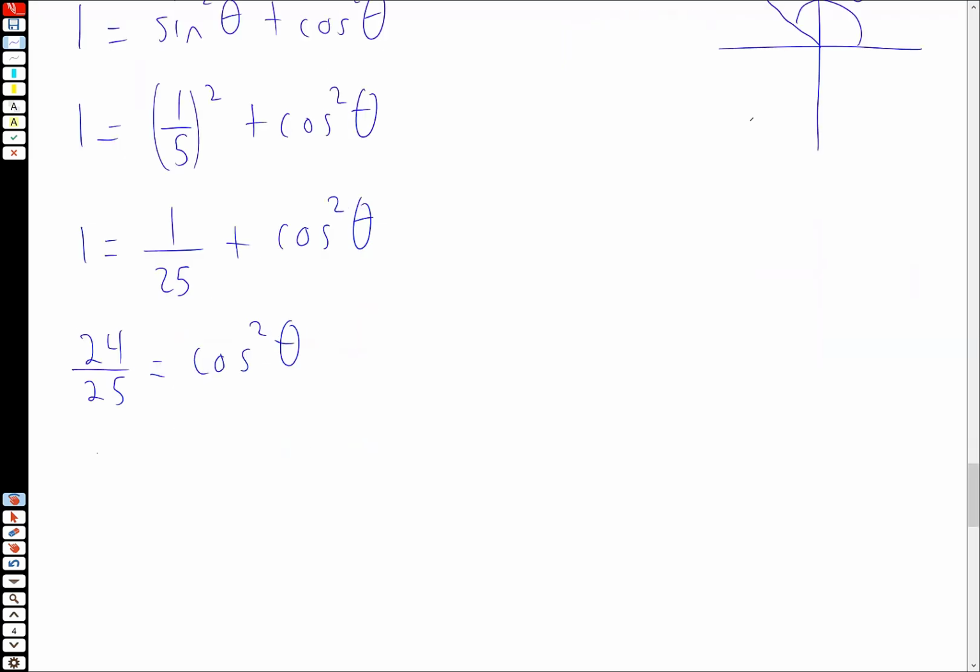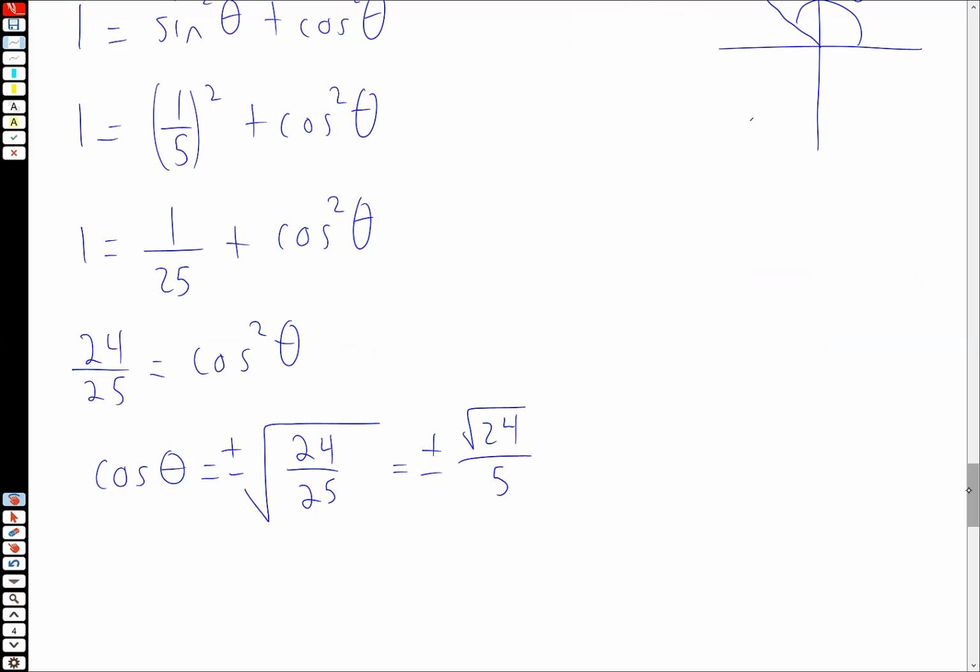And then take the square root of both sides. And remember, don't forget your plus or minus. It's plus or minus the square root of 24 over 25, which is plus or minus the square root of 24 over 5. Okay. Now we have to think about it. Remember, these are functions, right? So you can only have one output.